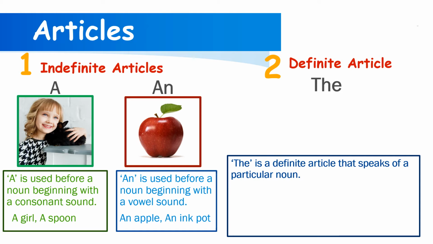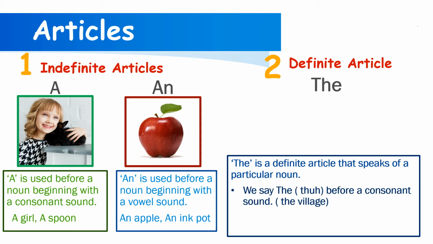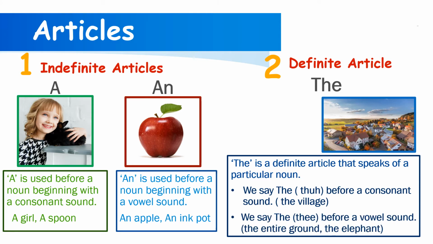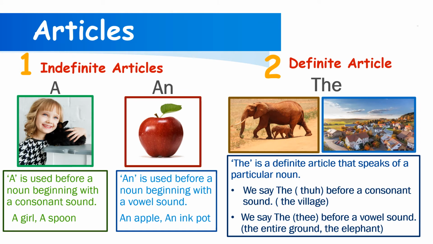The book you want is not available. So here we are not talking about any book, but a particular book. We say the before a consonant sound, for example, the village. We say the before a vowel sound, for example, the entire ground, the elephant.